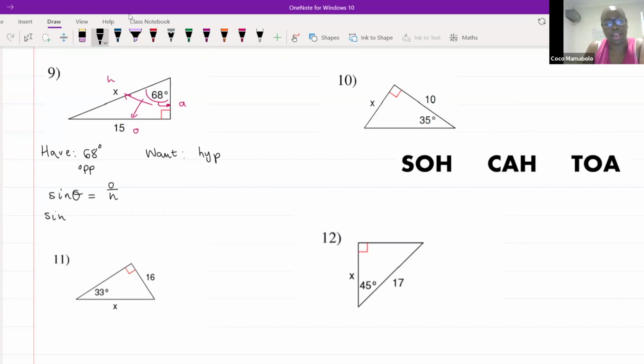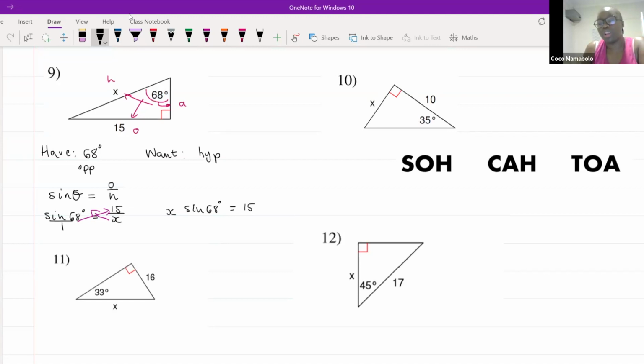Then we substitute in: sine of 68 degrees is equal to the opposite, 15, over the hypotenuse, x. I must cross multiply to get x out of the denominator, so we put this over 1 and cross multiply. We get x times sine 68 degrees is equal to 15.